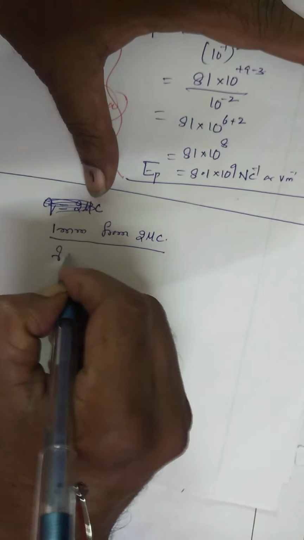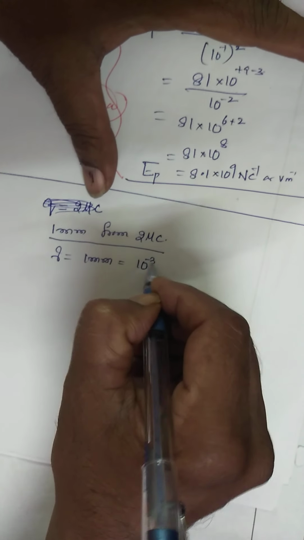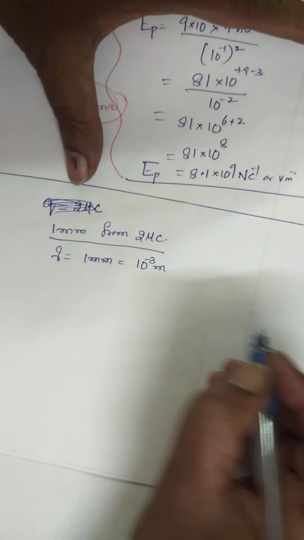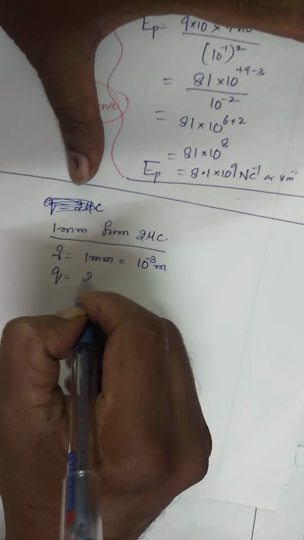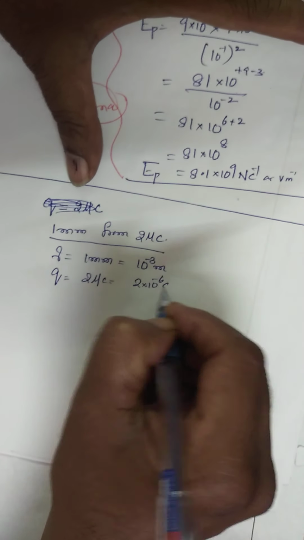Here, what is the distance? 1 millimeter, which means 10 to the power of minus 3 meter. What is the charge here? 2 microcoulomb, which is 2 into 10 to the power of minus 6 coulomb.